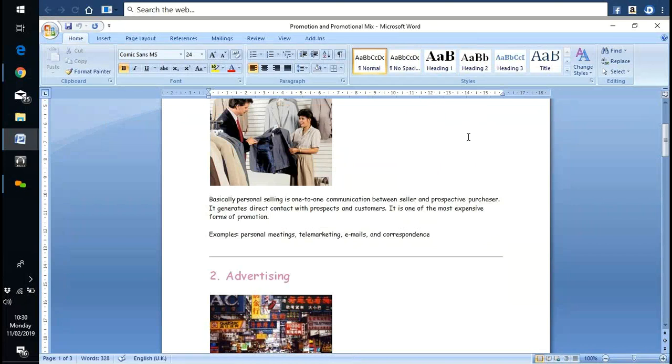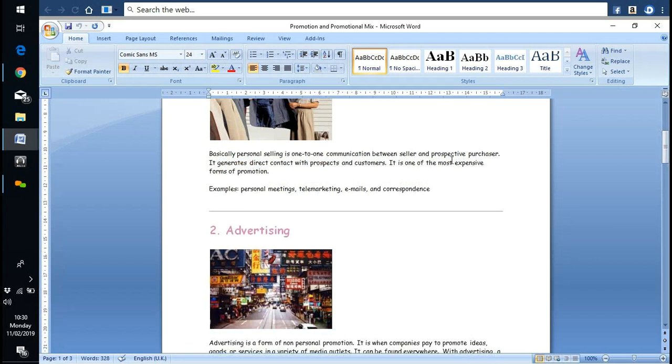So basically selling is one-to-one communication between a seller and a buyer. It is one of the most expensive forms of promotion. One of the cheapest ways of promotion is word of mouth. This is where social media can come in, because people talk to each other across distance now. If they've had a very good result from an organisation, they're going to tell people about it.